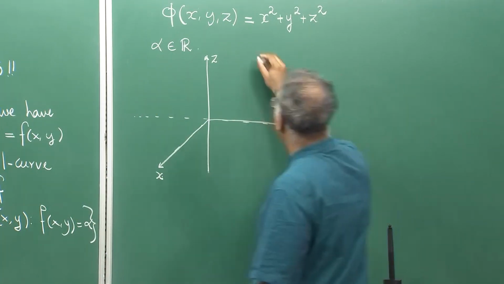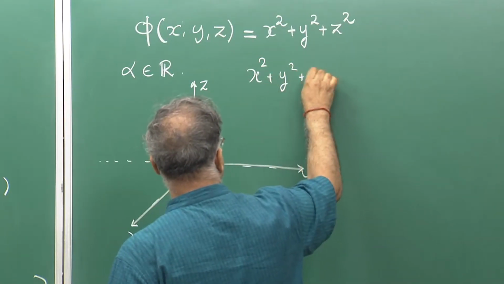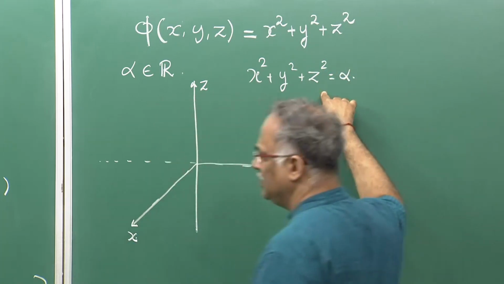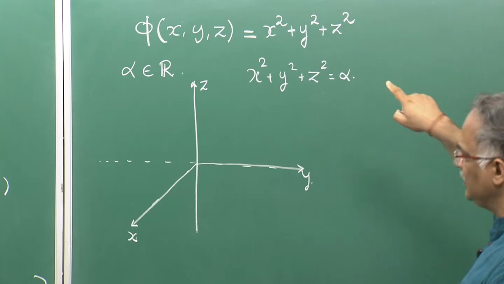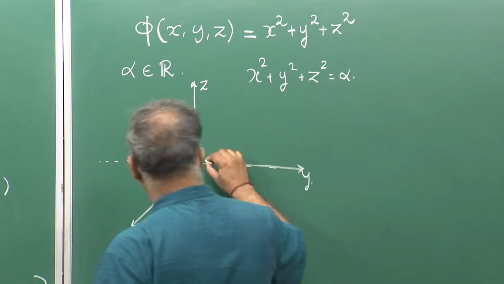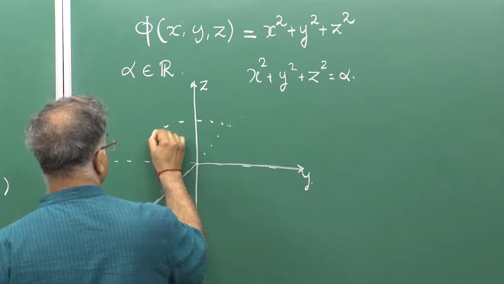If I put x square plus y square plus z square equal to alpha, this shows that all the points which satisfy this must lie on a sphere of radius root alpha with its center at the origin. So, basically you are drawing a sphere.